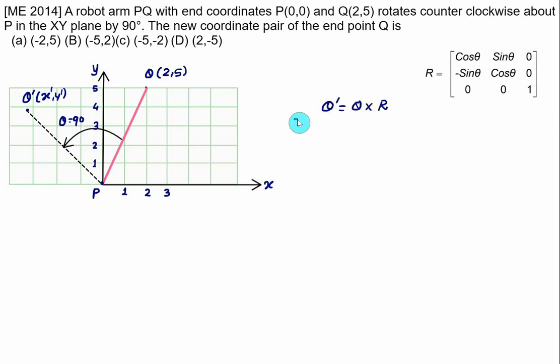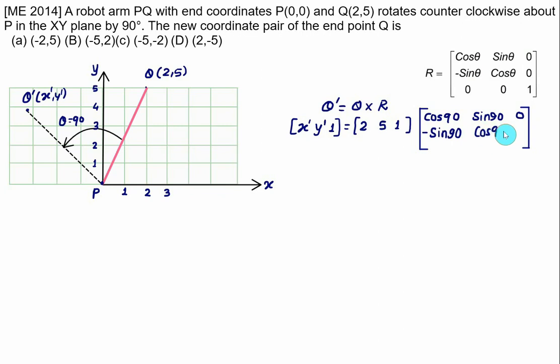In this case, we have Q prime equal to [x prime, y prime, 1]. The coordinate of Q is [2, 5, 1]. And we have the rotation matrix, cos theta is cos of 90, sin of 90, 0; minus sin of 90, cos of 90, 0; and finally 0, 0, 1.